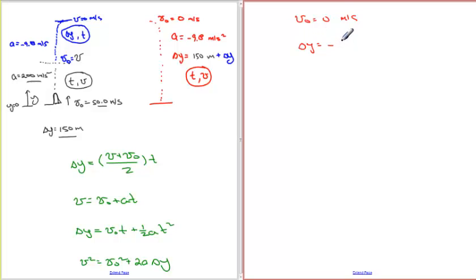So it's negative 150 plus 158. So delta y is equal to negative 308 meters. And then what else do we know? We know the acceleration is negative 9.8 meters per second squared.